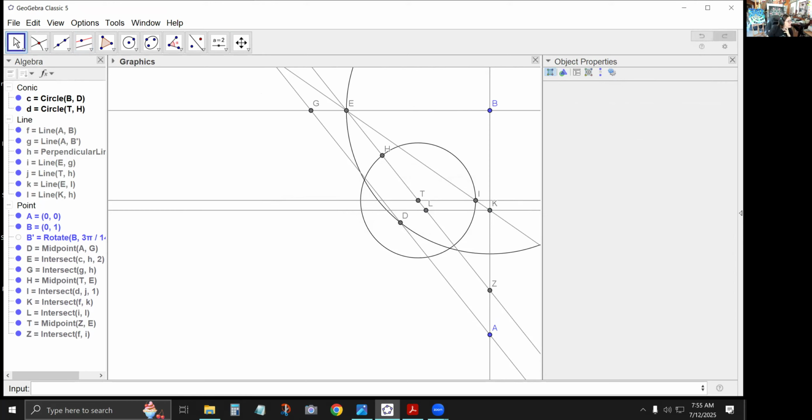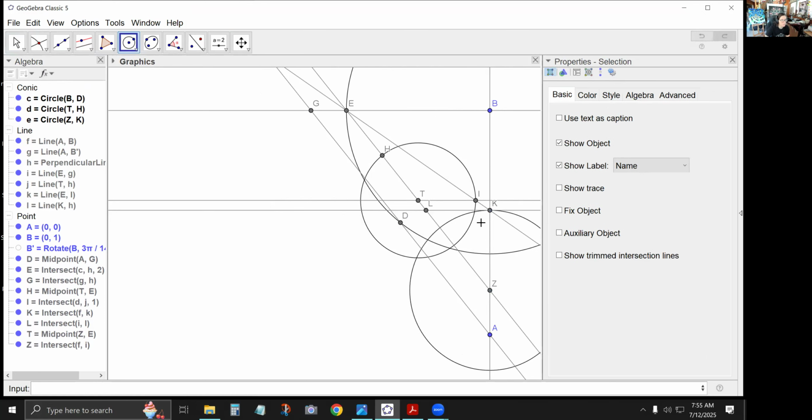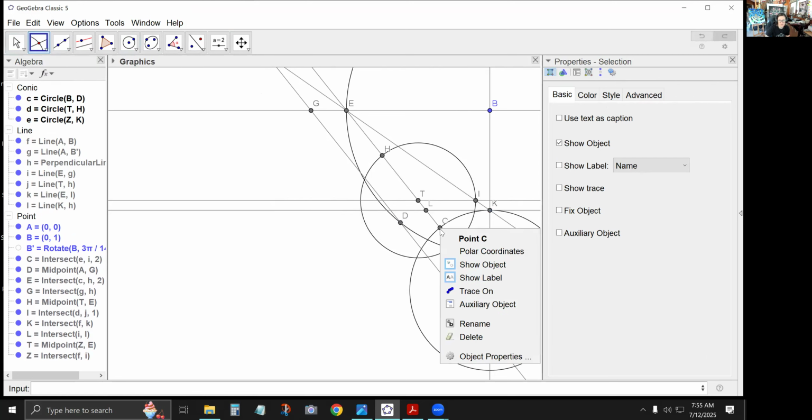From center Z, inscribe arc KMN such that it intersects line EZ at point M and the arc KM becomes equal to the arc MN. Okay, so we've got a little bit of work here. So I'm going to construct a circle centered at Z through point K to find this point M right here.